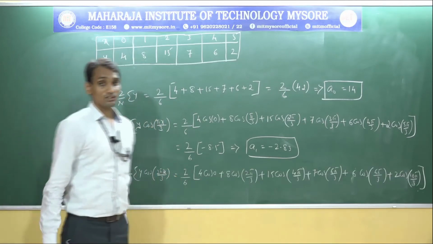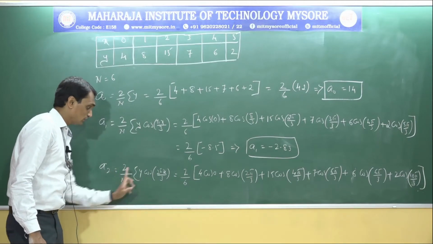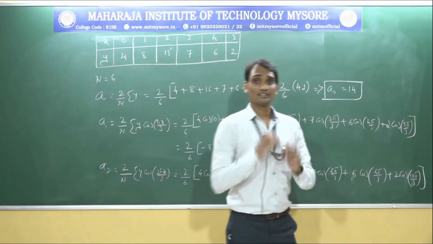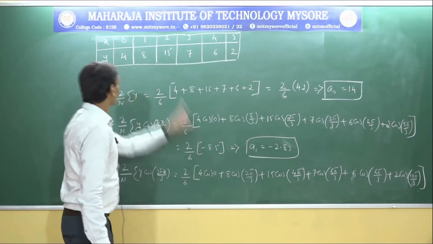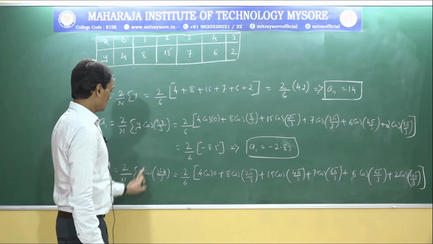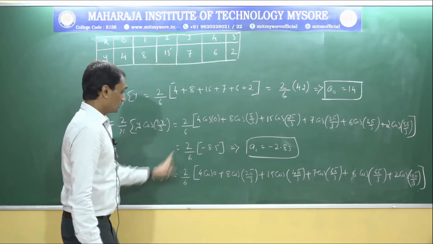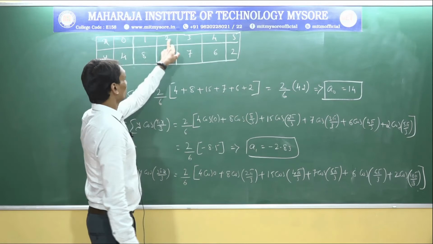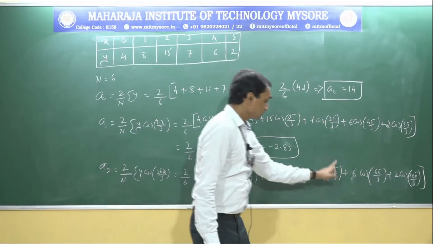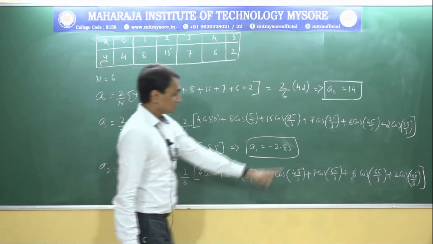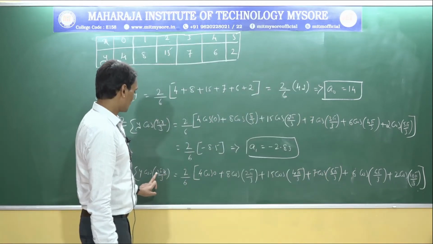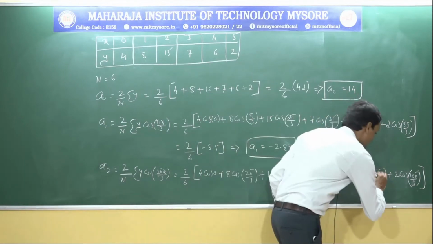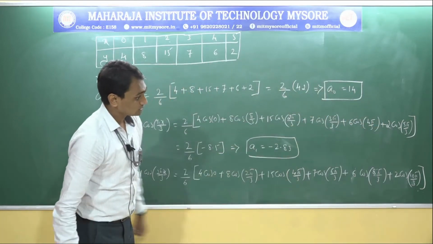Similarly, go on substituting the x and y values alternately: y value 4 into cos 0 plus 8 into cos 2 pi by 3, where x is 1, plus 15 into cos 4 pi by 3, plus 7 into cos 6 pi by 3, plus 6 into cos 8 pi by 3, plus 2 into cos 10 pi by 3.